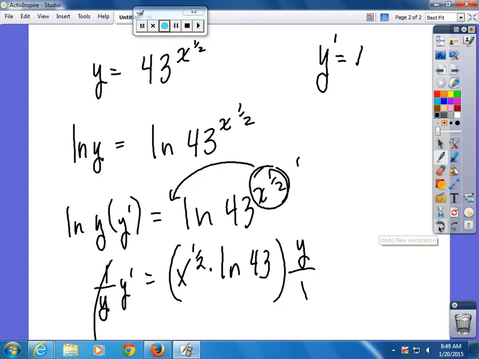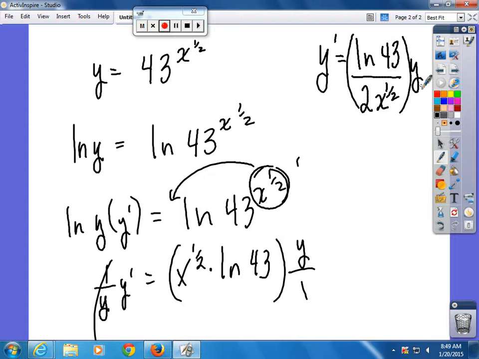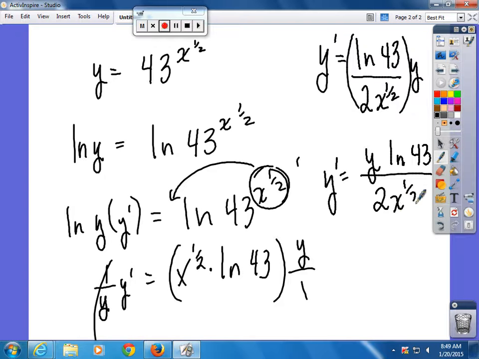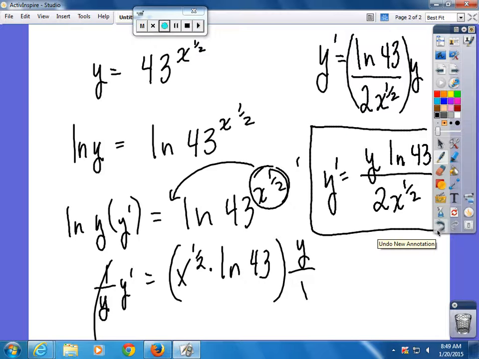Natural log of 43 over 2 times x to the 1/2, like that. And then times what? Y. And that's y prime is equal to, and you can bring that y here, natural log of 43 over 2x to the 1/2. And that's good enough for government work, just to get it in the y prime. That's all you need to worry about.